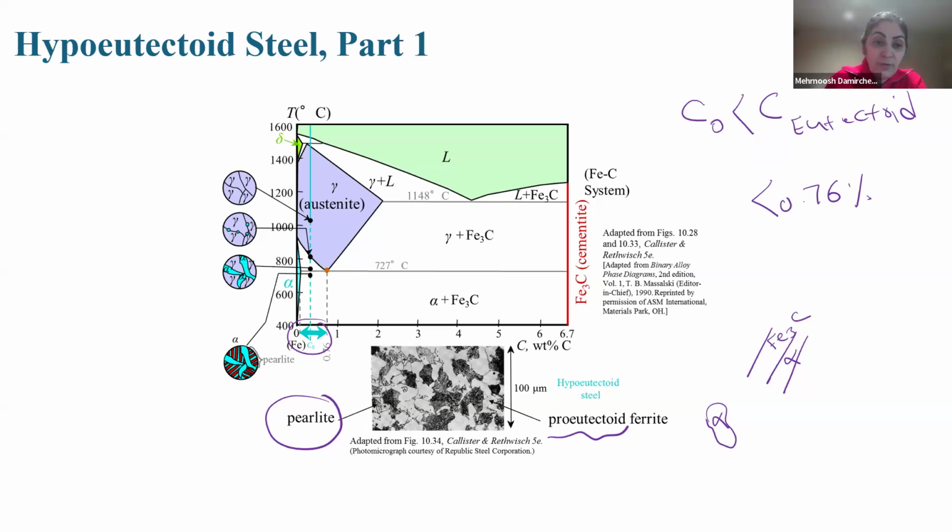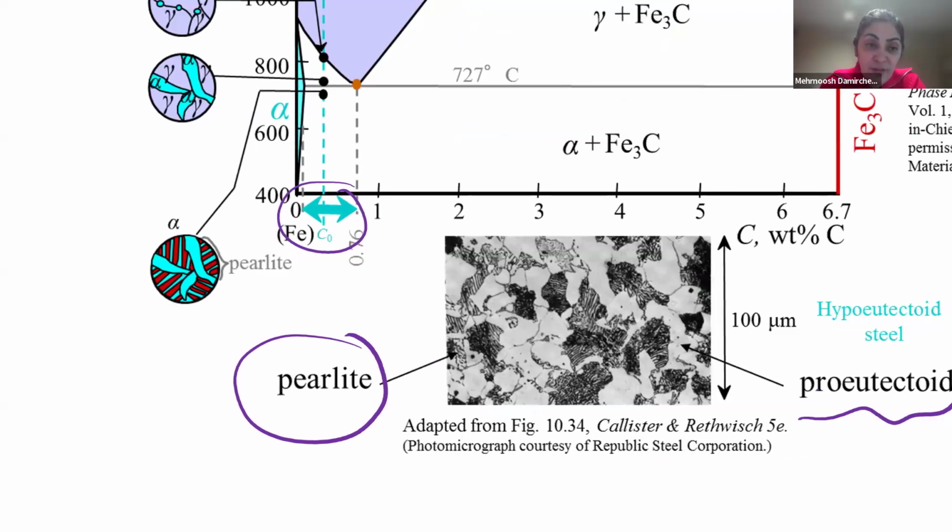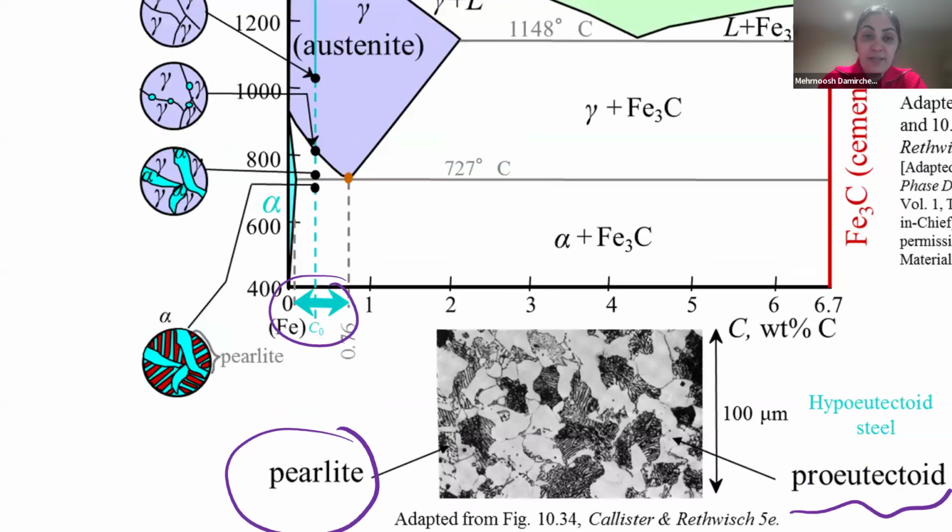So if I want to show here, zoom here. Okay. Do you see layer by layer? Layer alpha is pearlite alpha. The red layers are pearlite cementite. But you see some grains as the blue, but not layer. These blue are named proeutectoid alpha or proeutectoid ferrite because the name of alpha is ferrite. I hope that be clear for all of you.